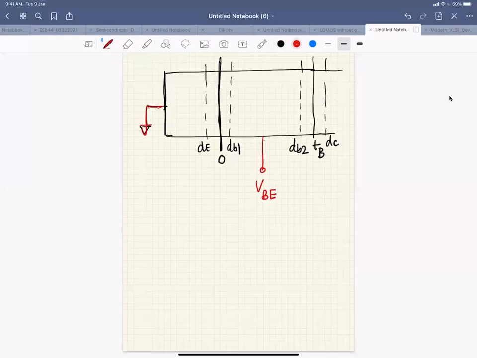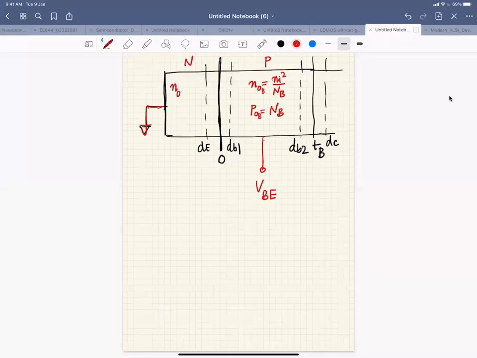Okay, so this is n type, this is n type, and this is p. In the equilibrium condition the number of electrons here, n0, is ni square by nb, and the number of holes in equilibrium is nb, right? Similarly on the base side we have n0b and p0b.